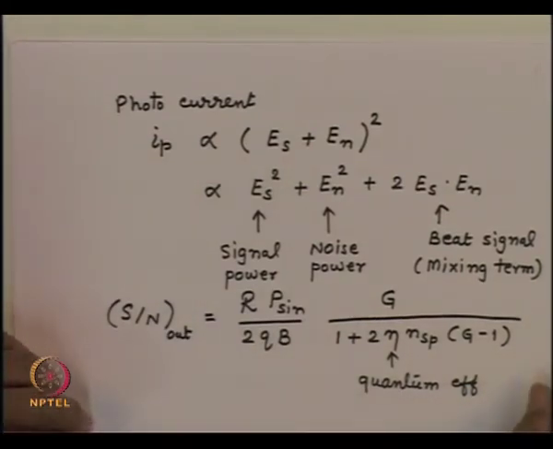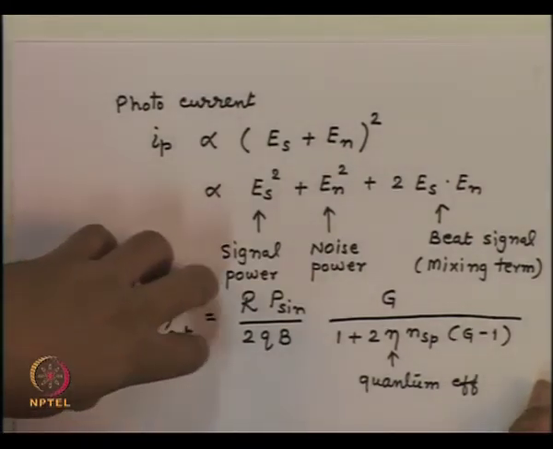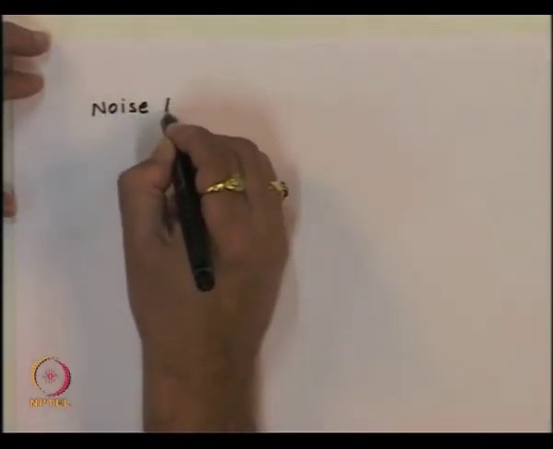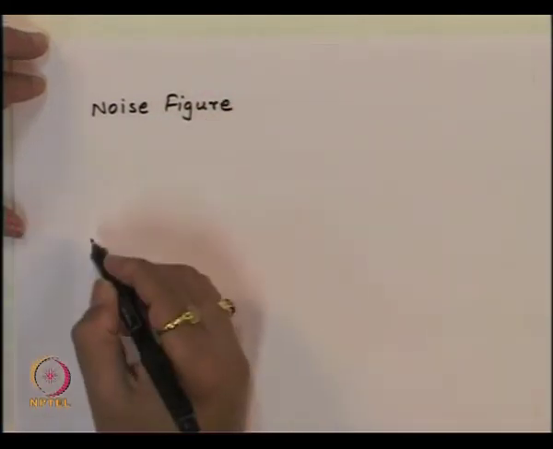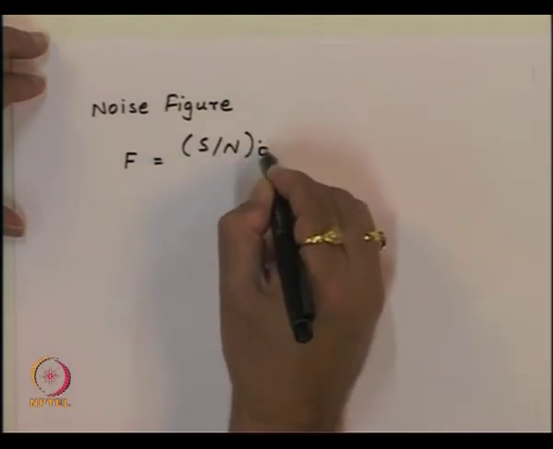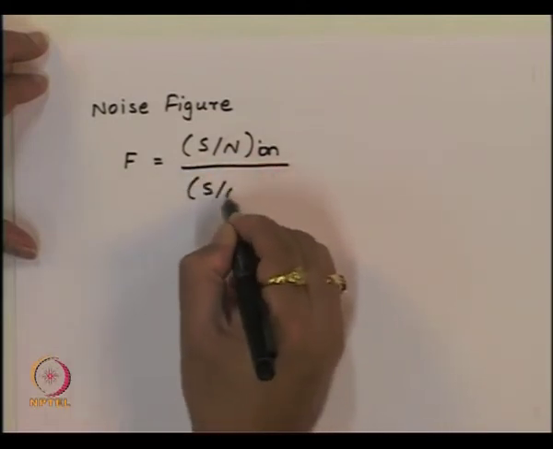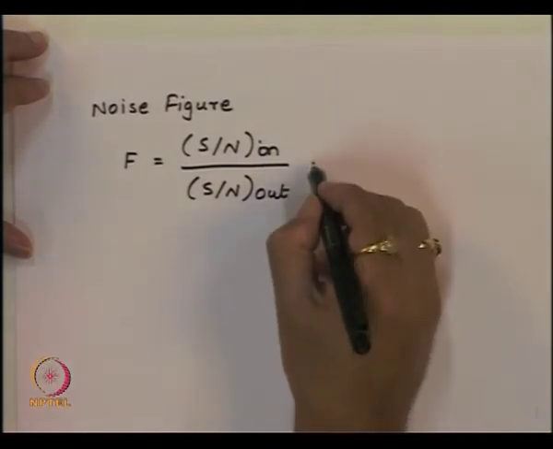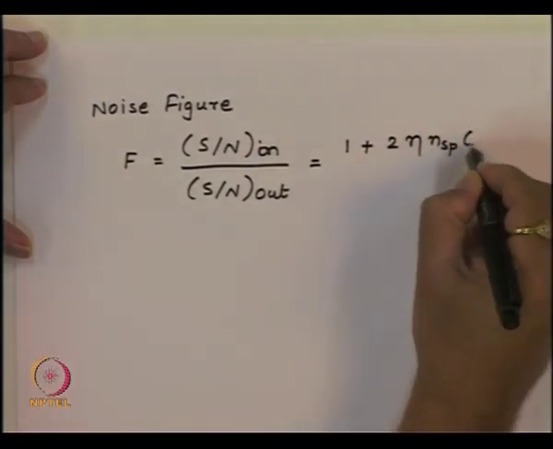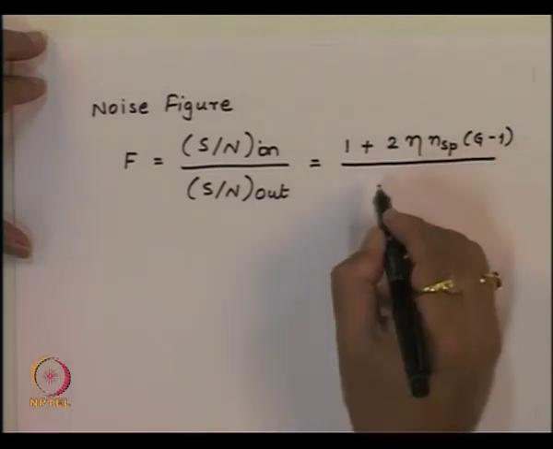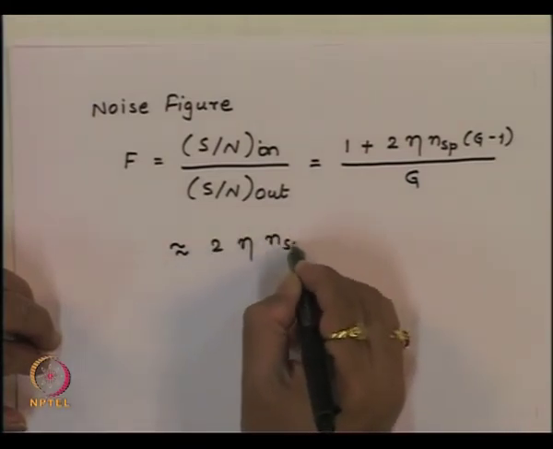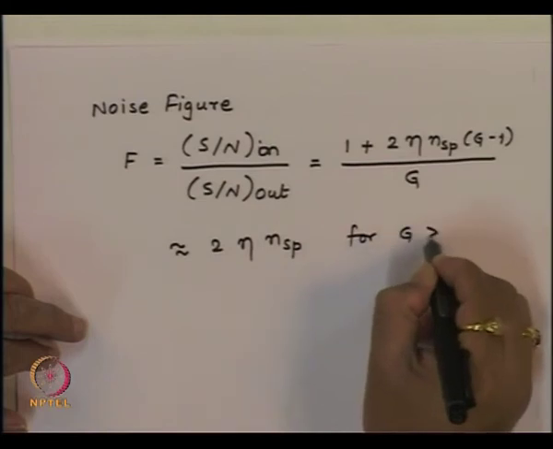So then one can define the noise figure for this amplifier, which is the signal to noise ratio at the input divided by the signal to noise ratio at the output. The noise figure F, which is S by N at the input divided by S by N at the output, will be nothing but this quantity here: 1 plus 2 eta NSP (G minus 1) upon G. So this is approximately equal to 2 times eta NSP for G much greater than 1.